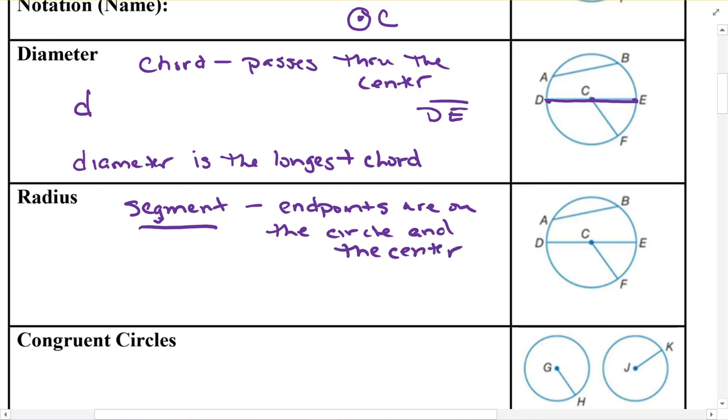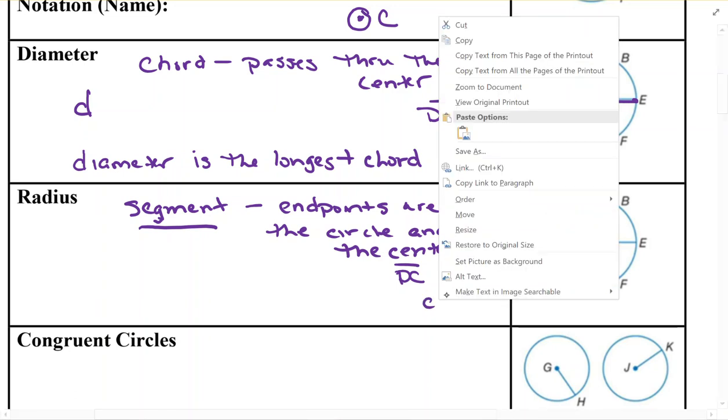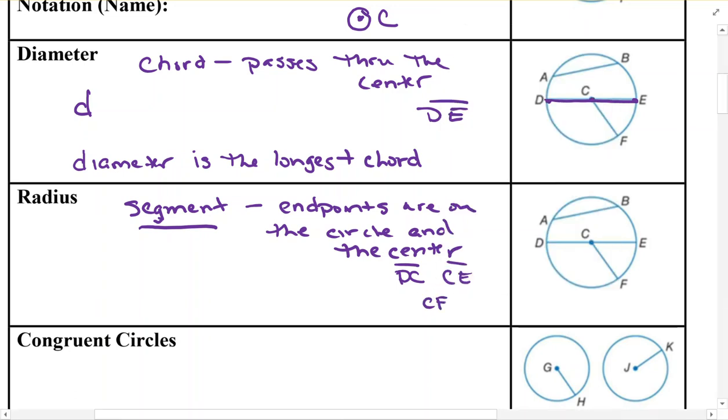So in this picture, we have a radius that's DC, one that's CE, and another one that's CF. The letter we usually use for it is R to stand for radius. And one thing to note is that the radius is 1/2 the diameter, and the diameter is twice the radius. So this is something we use a lot in the calculations that we're doing.